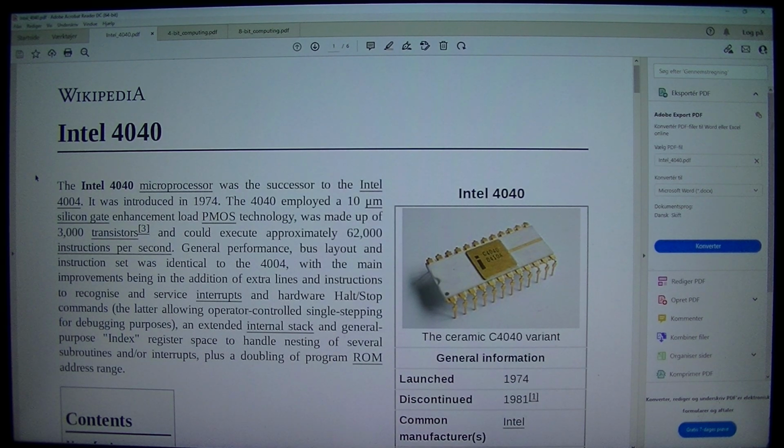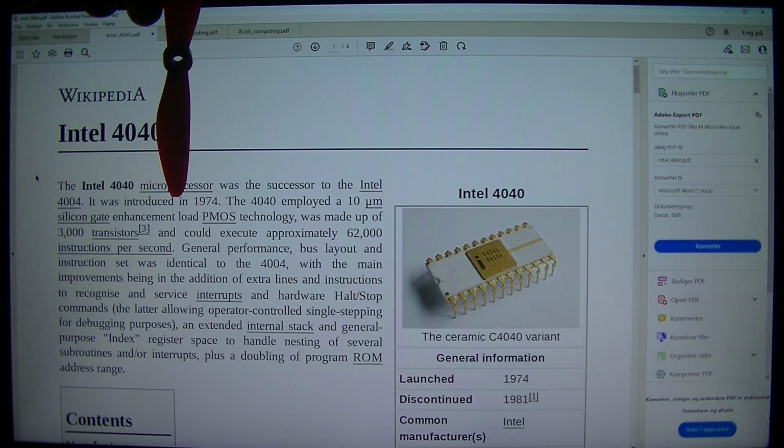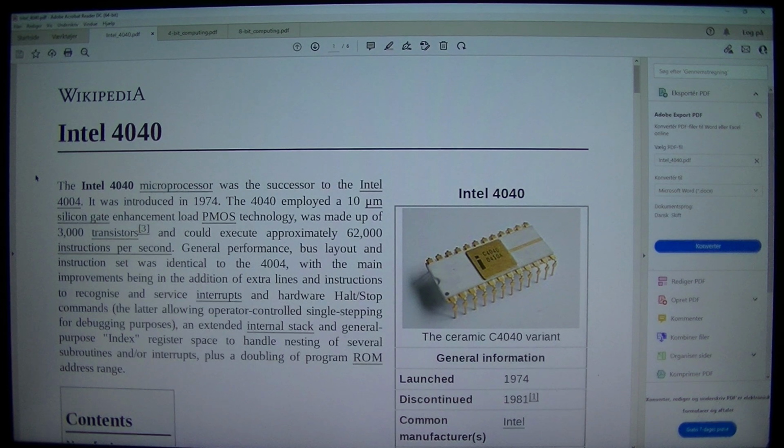The Intel 4040 microprocessor was the successor to the Intel 4004. It was introduced in 1974. The 4040 employed a 10 µm silicon gate enhancement load PMOS technology, was made up of 3,000 transistors, and could execute approximately 62,000 instructions per second.